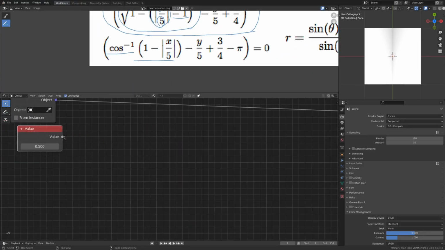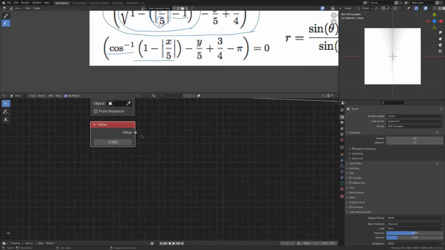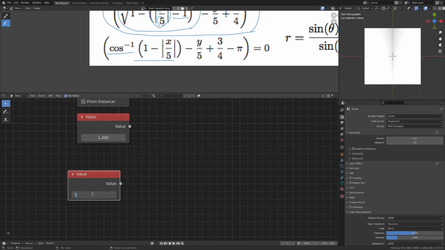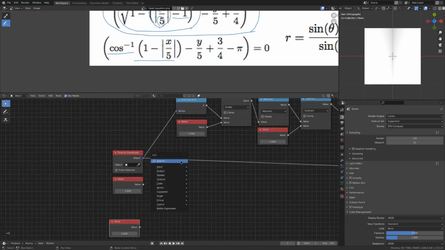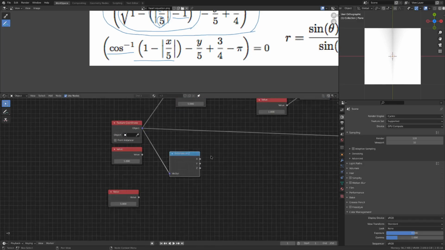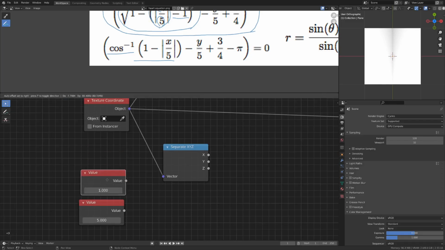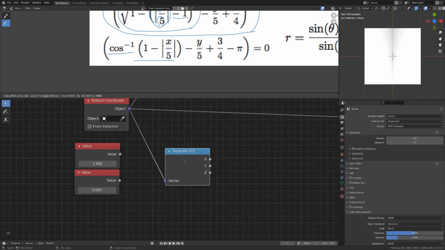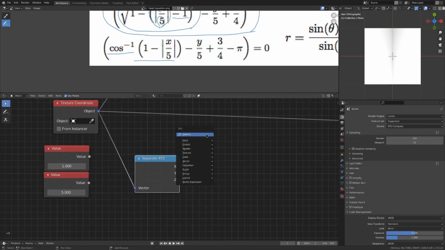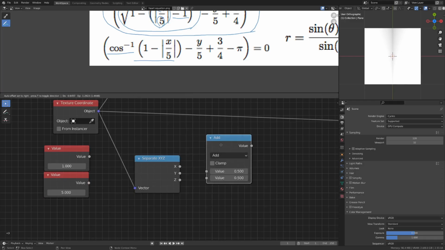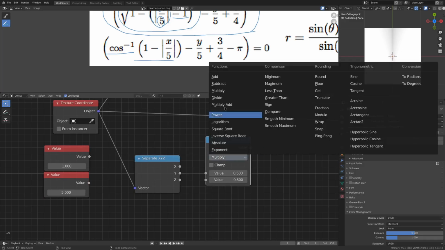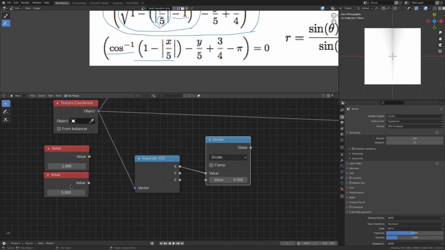So value 1, value 5. Okay, separate x, y, z. And this is x, so math divide x over 5.